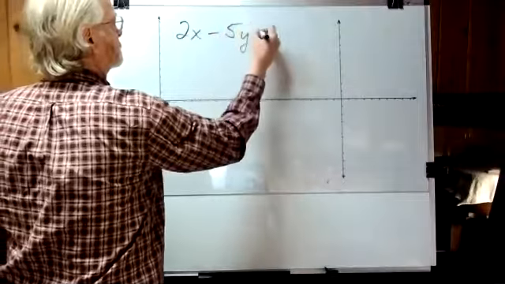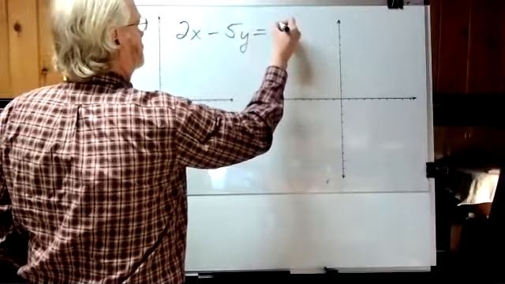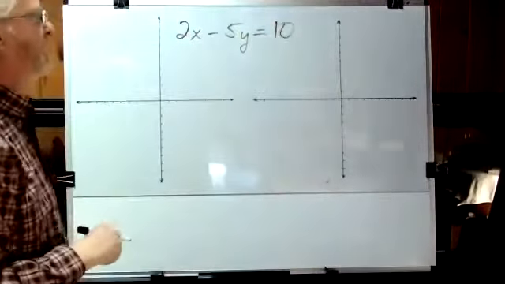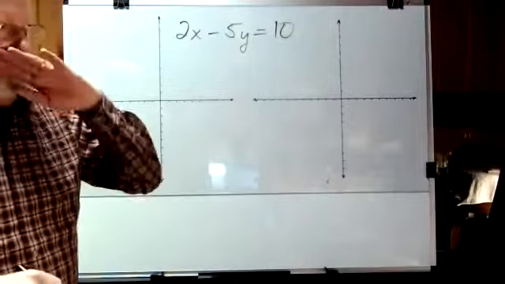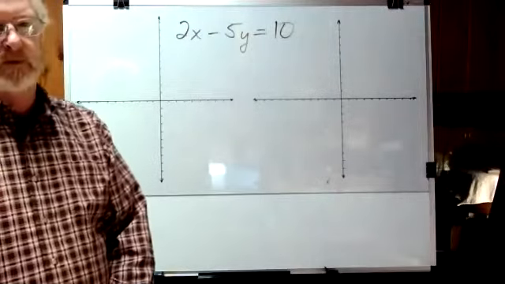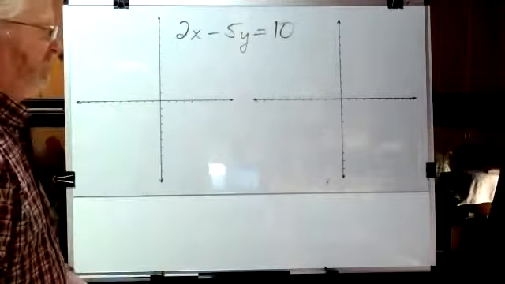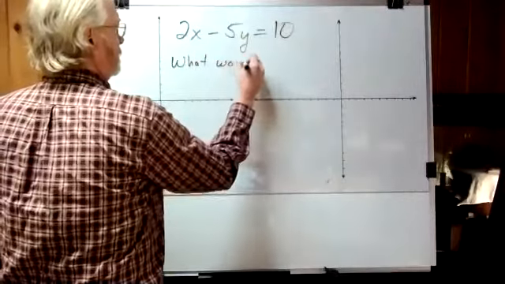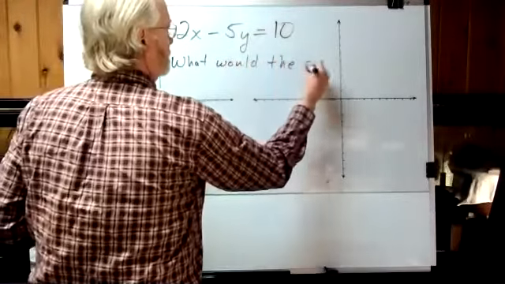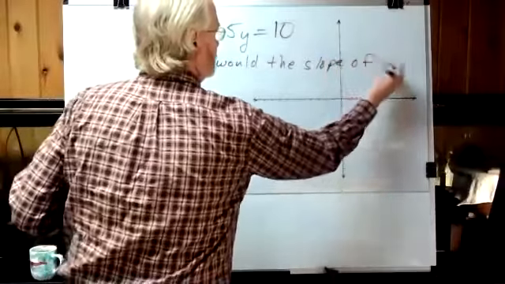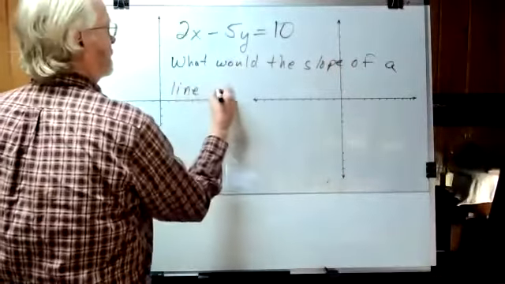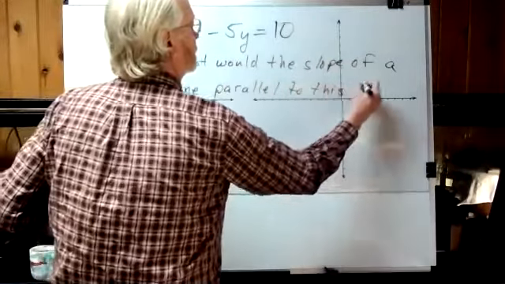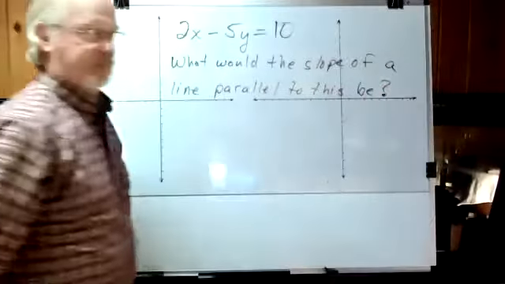Oh, let's see. Couple steps. What would the slope of a line parallel to this be? All right.